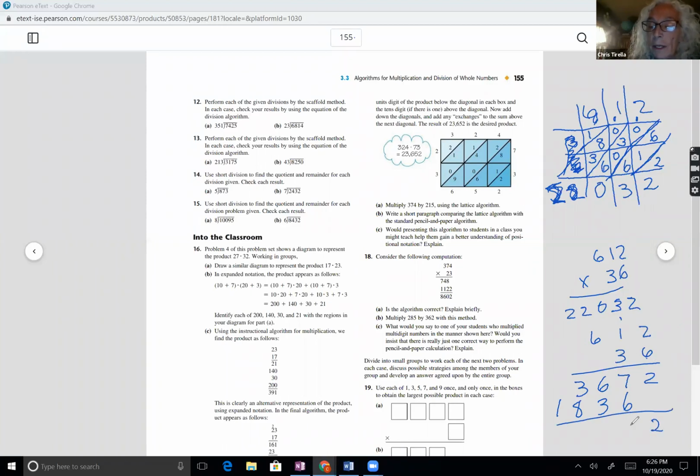And so when we add down, oh, Lord, help me. It's one of those days. I get that same answer. And so just putting them in the diagonal places in that box on the lattice is like keeping track of those place values. Have any of you seen multi-digit multiplication like this with this lattice method? Yeah, I've been surprised by the number of students that I've seen through the years that use that for multi-digit multiplication.